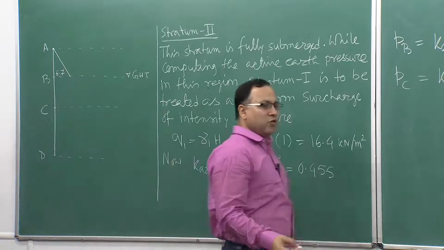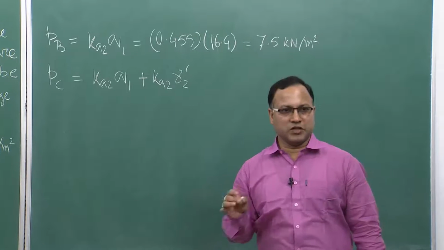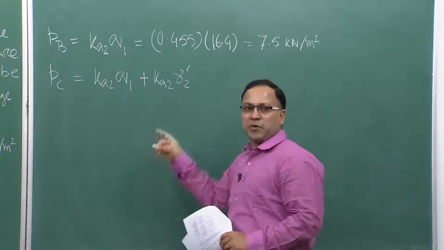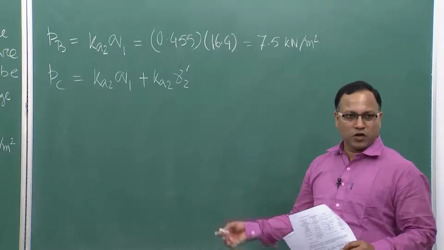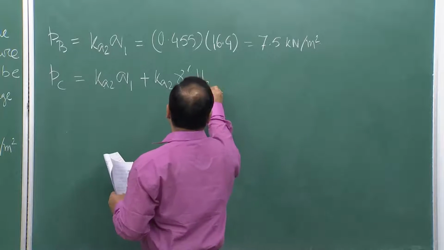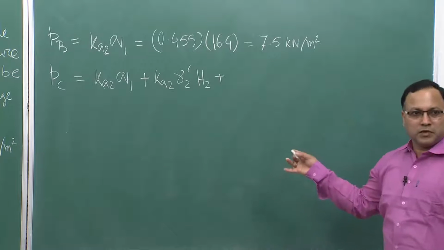So, anything which comes below point B will be in a completely submerged condition. Therefore, we have to use gamma 2 prime instead of gamma 2 or gamma saturated, whatever I have got in the problem. So, gamma 2 prime into H2.